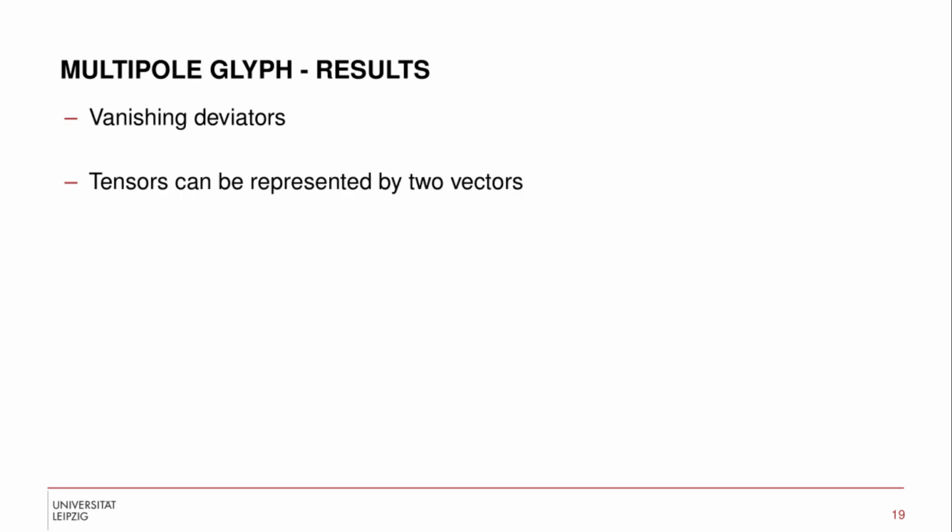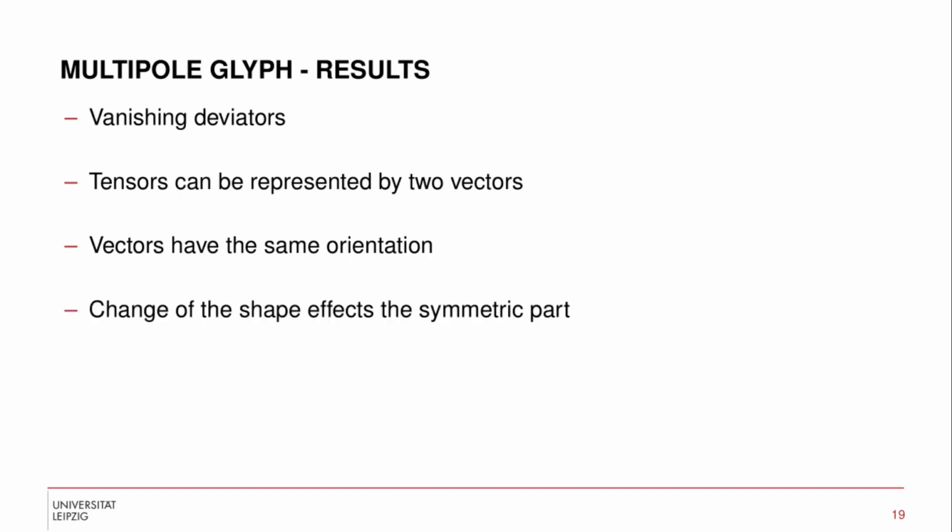The tensors can be nearly represented by two vectors and two scalars. And these two vectors have the same orientation, and the change of the shape affects the symmetric part mostly. So we have to analyze what this means mathematically.